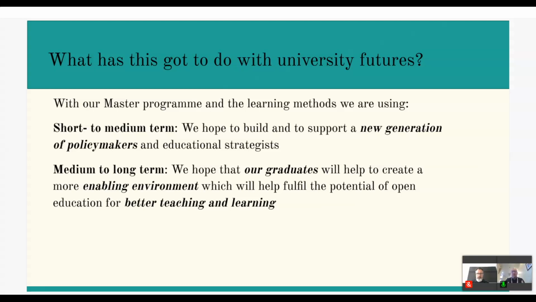So that's medium to long term, our graduates, and that will then create better teaching and learning, and that's really what we're trying to do with this program. So it reflects in the way we're working, this ethos as well.